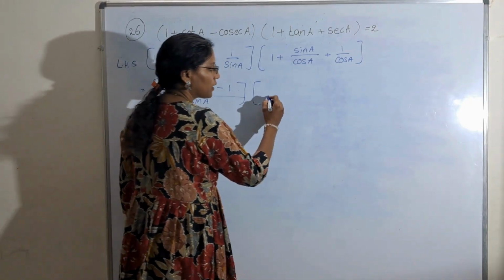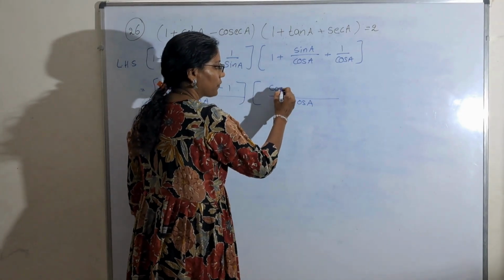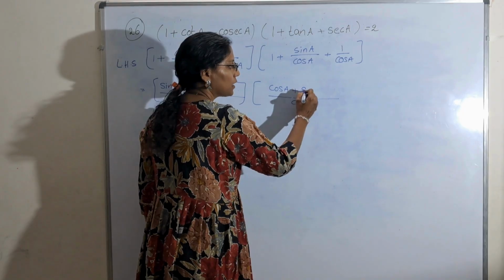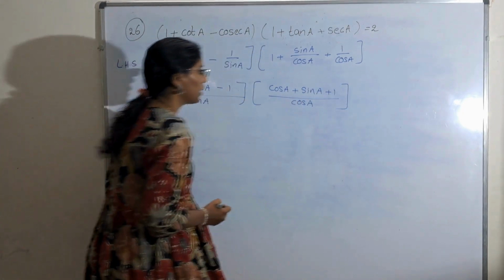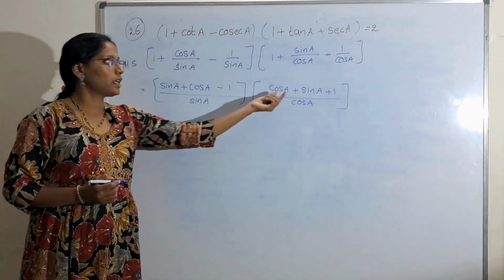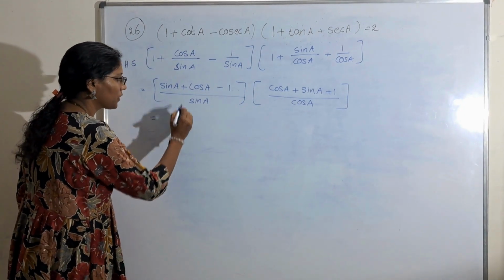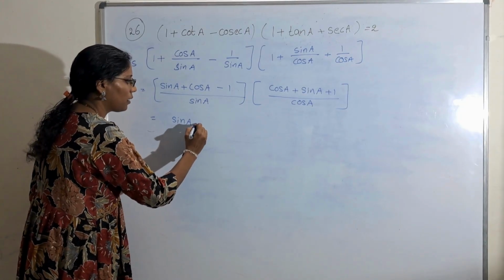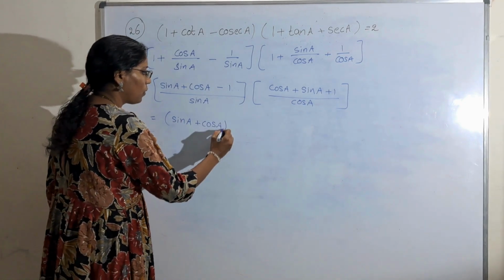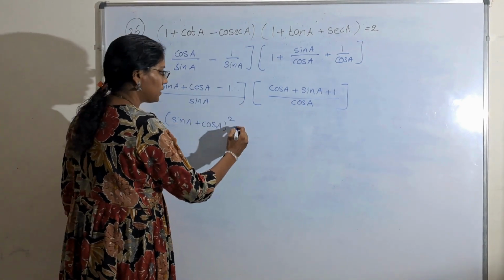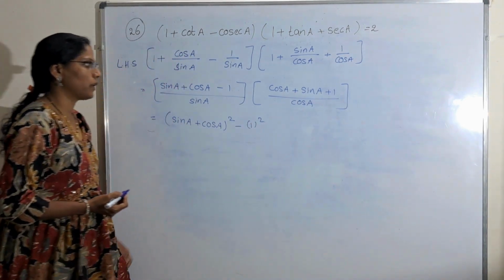Second bracket, again LCM: (cos A + sin A + 1)/cos A. Denominator: sin A cos A. I will write the numerator as (sin A + cos A) whole square minus 1 whole square.